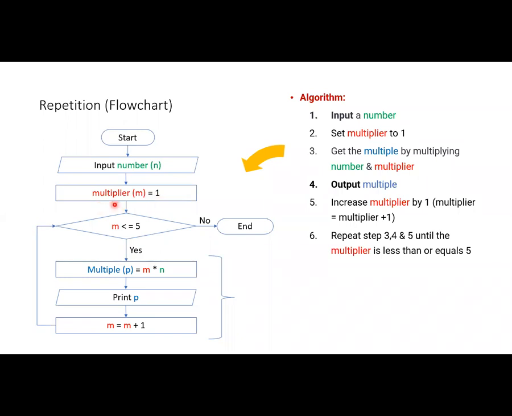The multiplier is set as 1. Now there is a decision box again. There are two input terminals: this is the entry point, and these are the exit points.